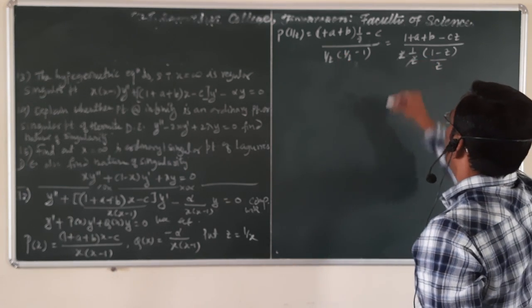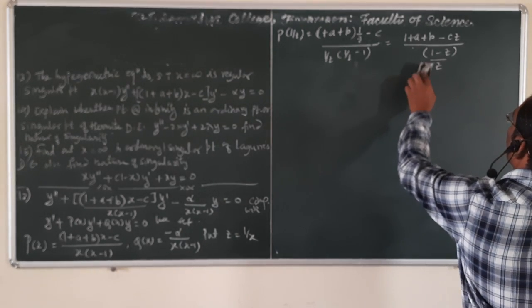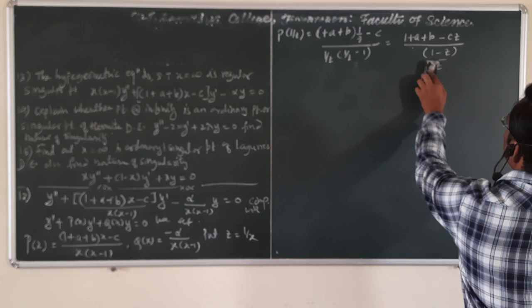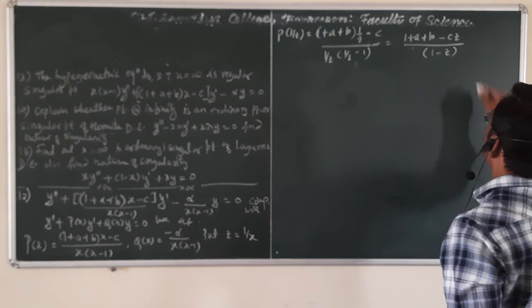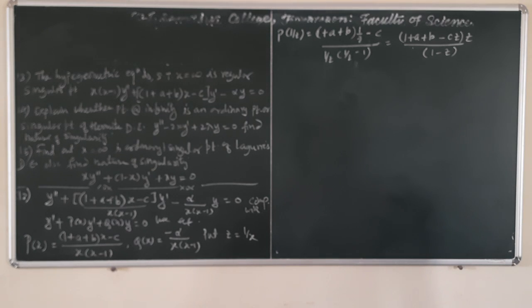So this z will cancel with this z. Now 1 minus z and this z go to the numerator, multiplied over here. So this is p of 1 upon z.